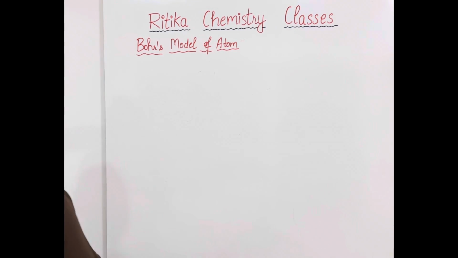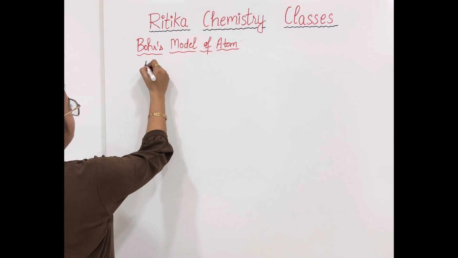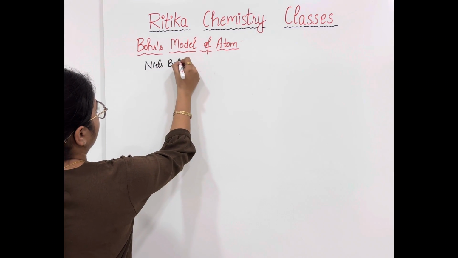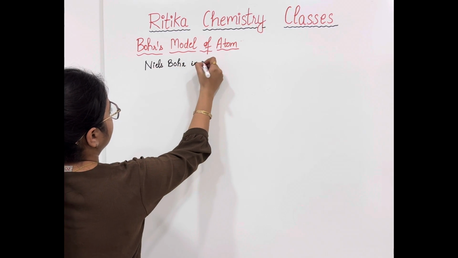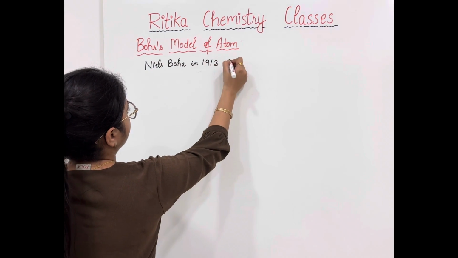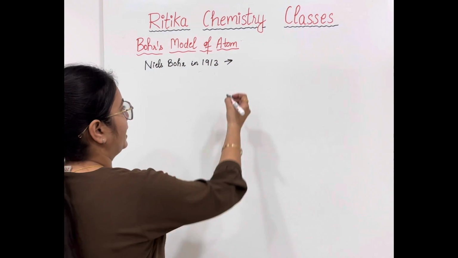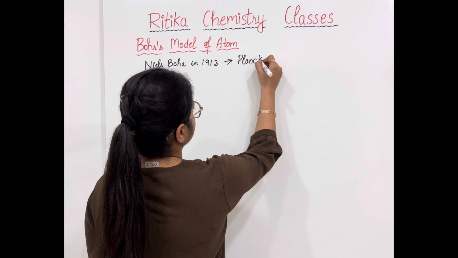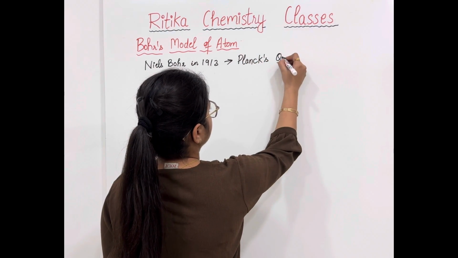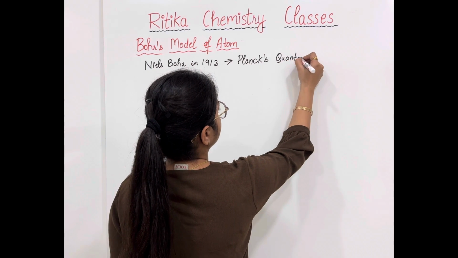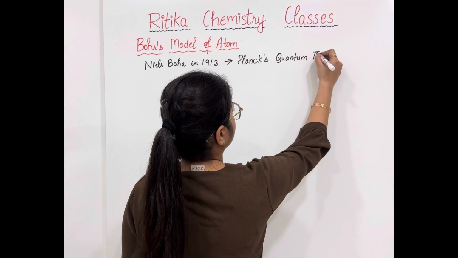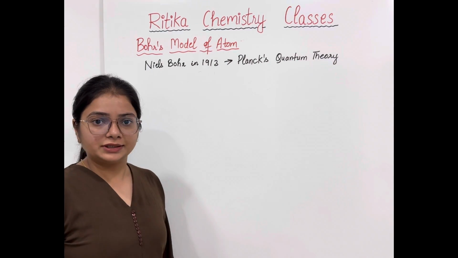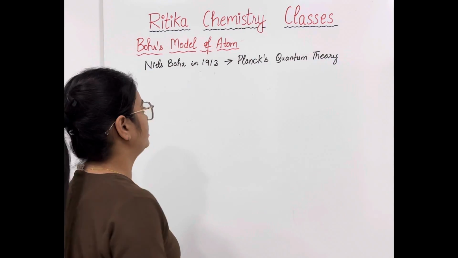This model of atom was given by Niels Bohr in 1913, and it was based on Planck's quantum theory. So what were the postulates of this model of atom? Write down.